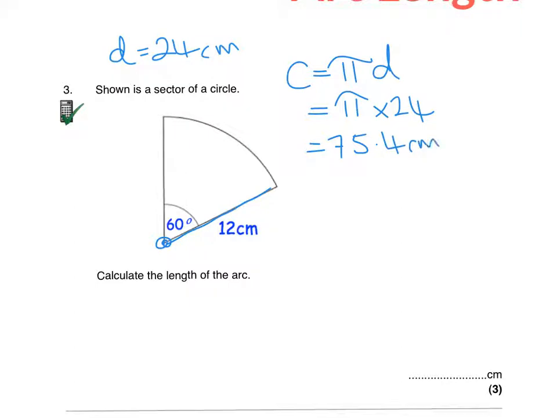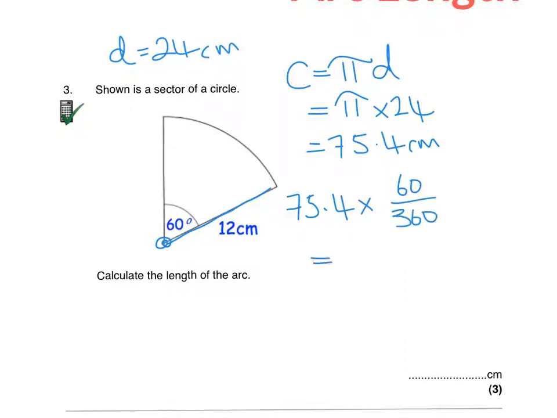But we know that that's the circumference of an entire circle. We only want it for this sector. So all we need to do is say, what fraction of the circle do we know? Well, circles are 360 degrees, and we know that this is a sector of 60 degrees. So we just need to take our answer, which is 75.4, and multiply it by 60 degrees out of 360.